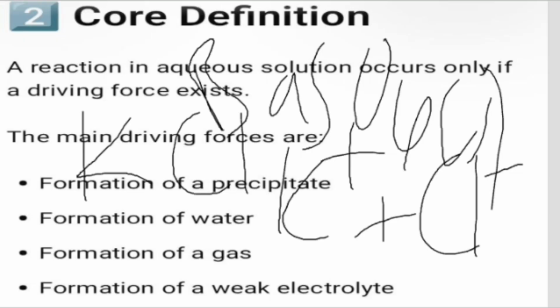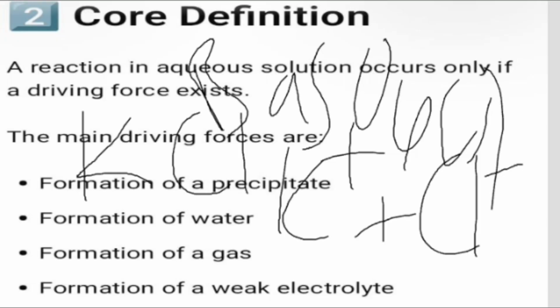Students usually confuse double displacement and precipitation. What is double displacement? What is precipitation? Double displacement is where two substances react and they exchange their elements.